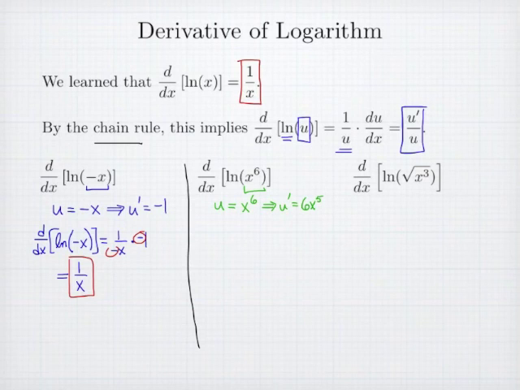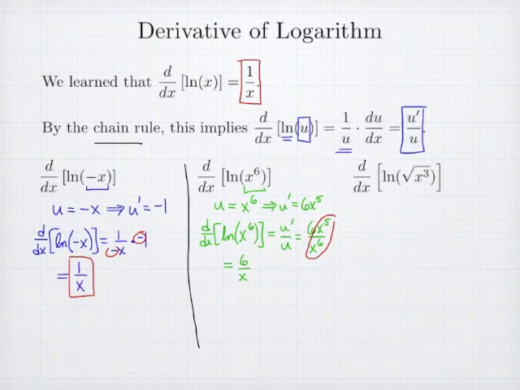And so by the chain rule, the derivative of the natural logarithm of x to the sixth is simply u prime over u, which is 6x to the fifth over x to the sixth. Notice that many of these powers of x are going to cancel, 5 of them, and I'm left with a value of 6 over x.